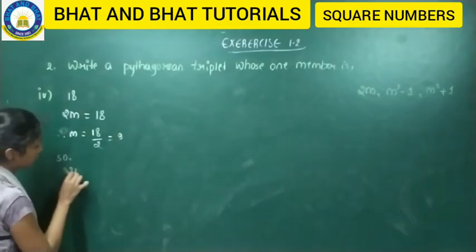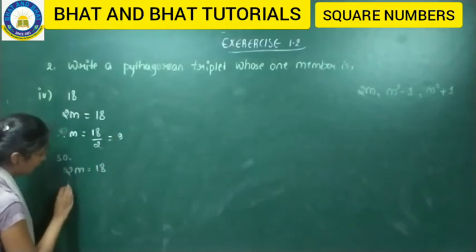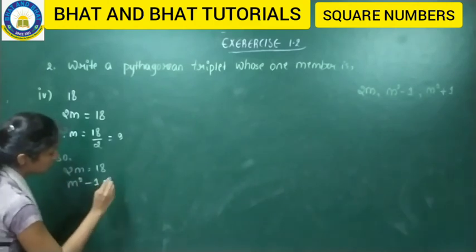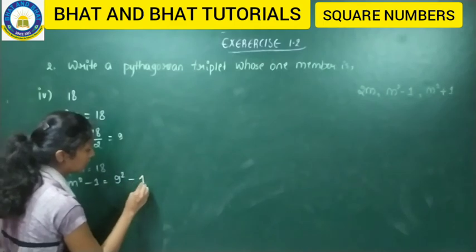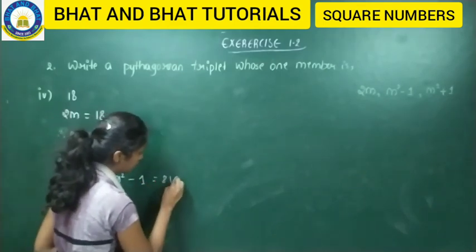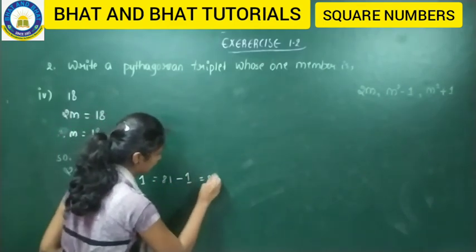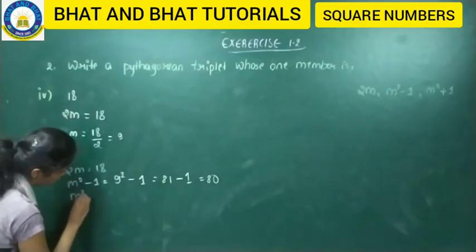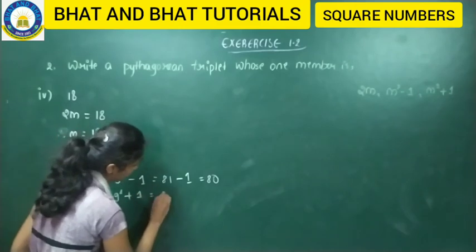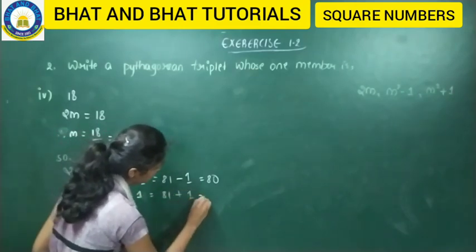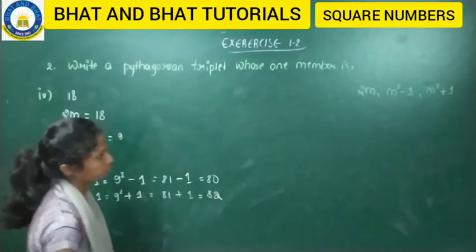So, 2m is equal to 18. m square minus 1 is equal to, m is how much now? 9. 9 square minus 1. 9 9s are 81 minus 1, that is 80. So, now m square plus 1, that is 9 square plus 1. 9 9s are 81 plus 1, that is 82.